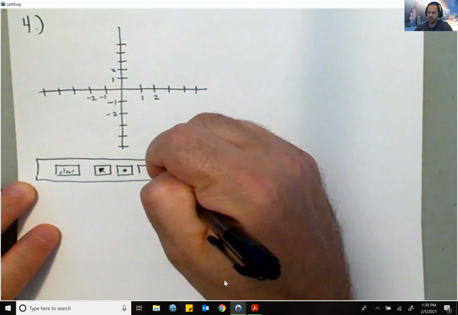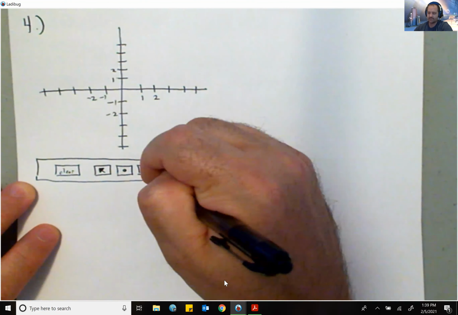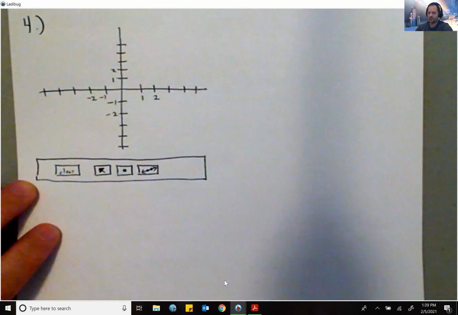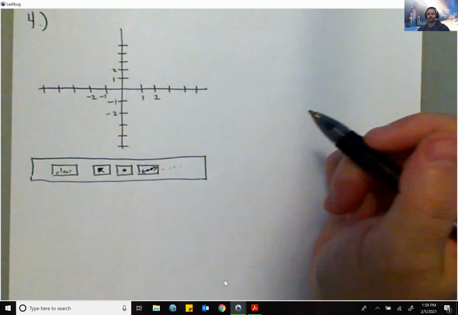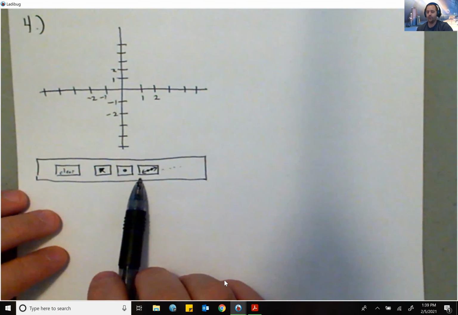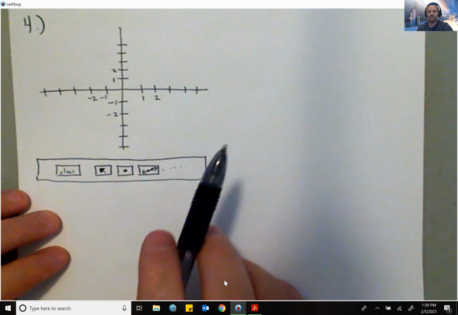There's a line tool. And if you look at the line tool, you see 2 dots on it. And then there's a lot more stuff there. So when you're doing this problem, you click on the line tool, and all you have to do is plot those 2 intercepts we just found.